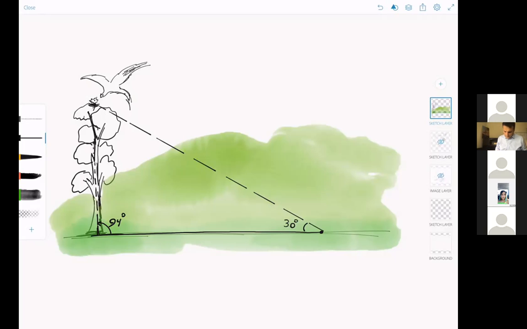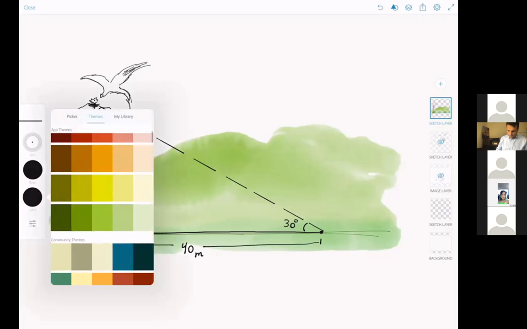All right. And from here all the way to here is 40 meters. What we are looking for is the height of the tree.